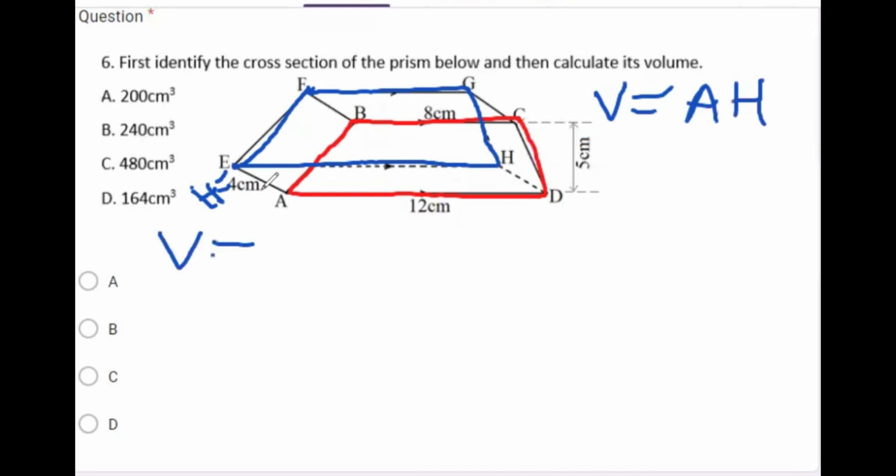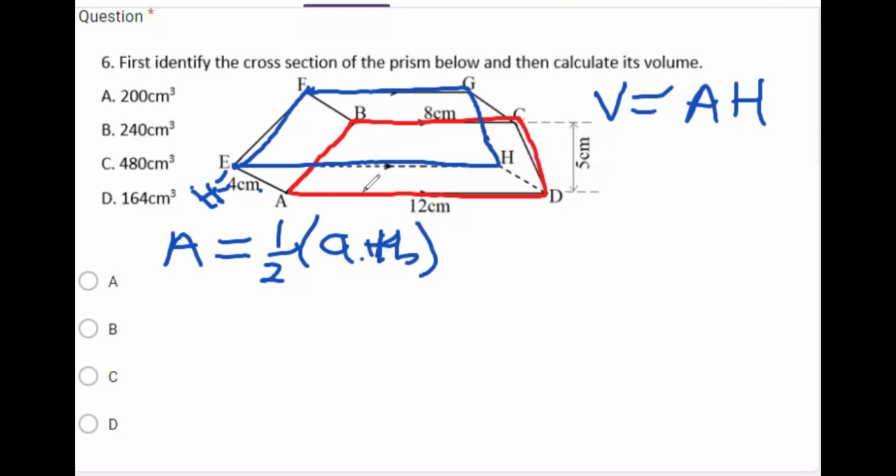So the area of the trapezium is simply A equals 1/2 (A plus B). This A and B here refer to the two parallel sides of the trapezium, times the height of the trapezium.